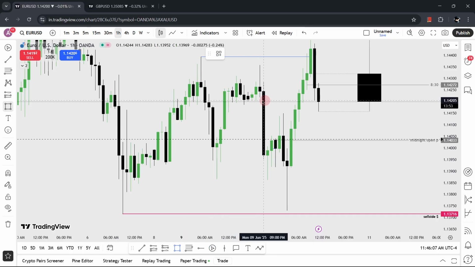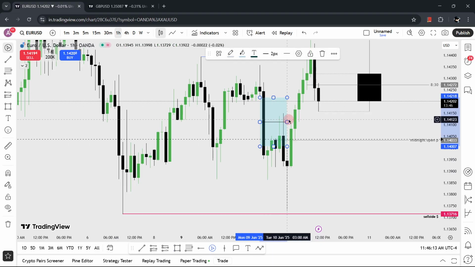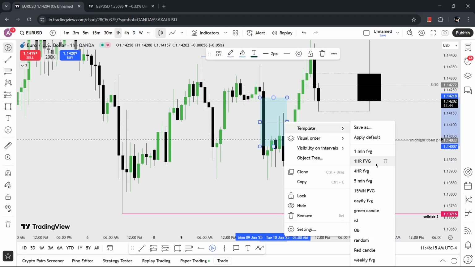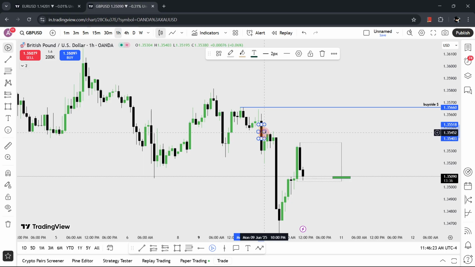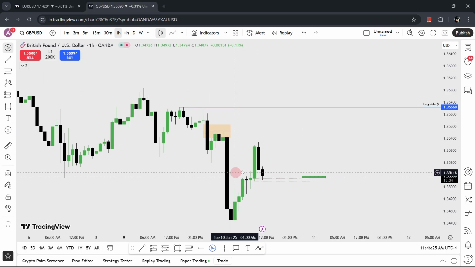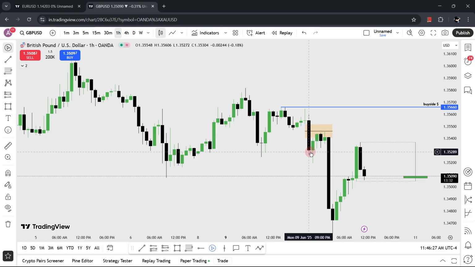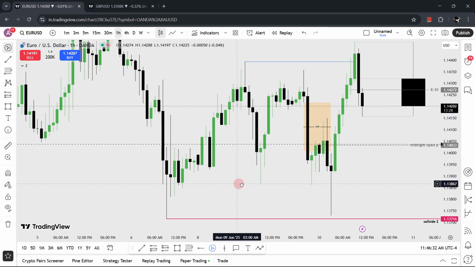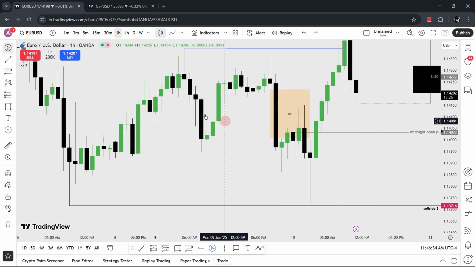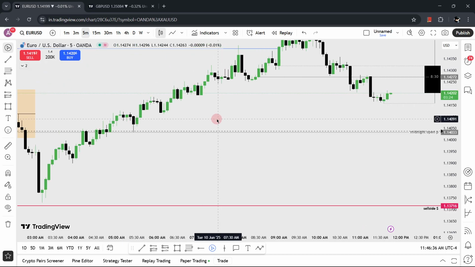Oh, we had this 1 hour fair value gap here. Same on GBP. This fair value gap, that is 9 p.m. Same fair value gap. So going to a smaller time frame, like 5 minutes or something like that.